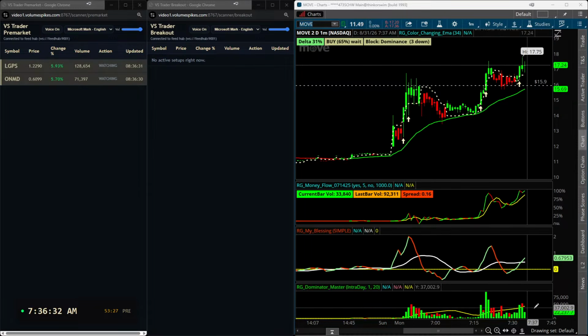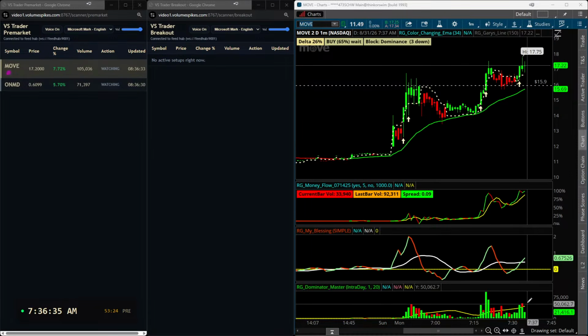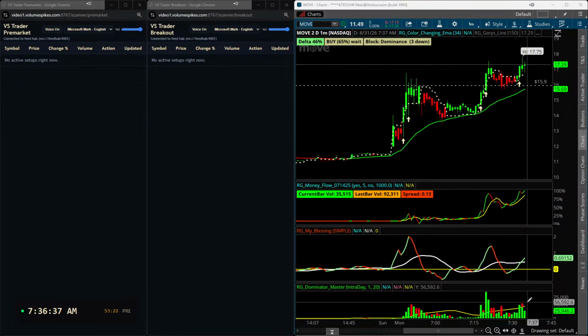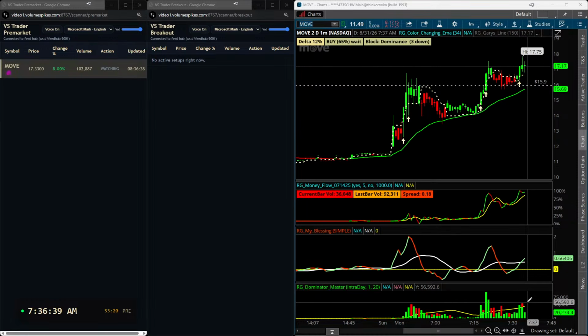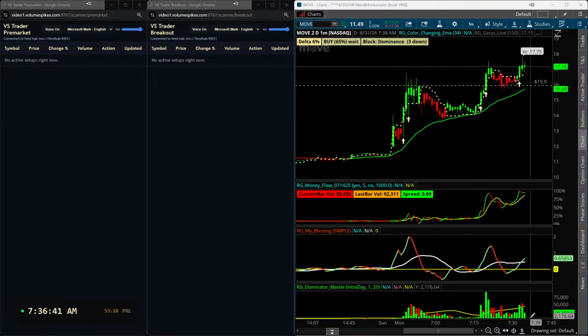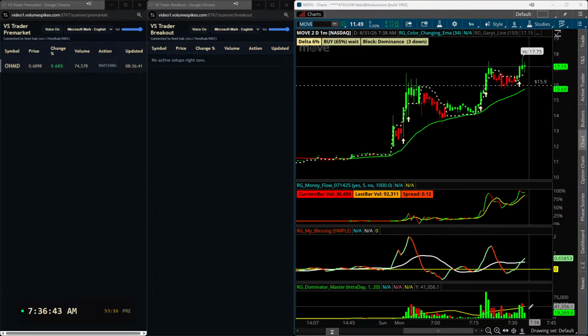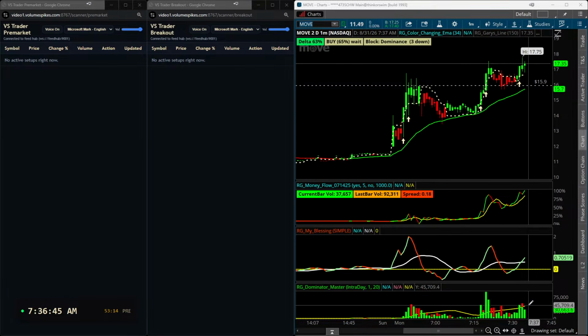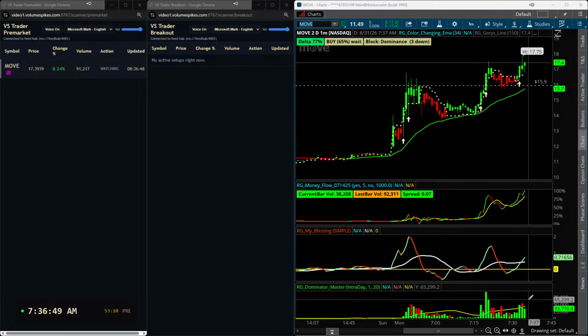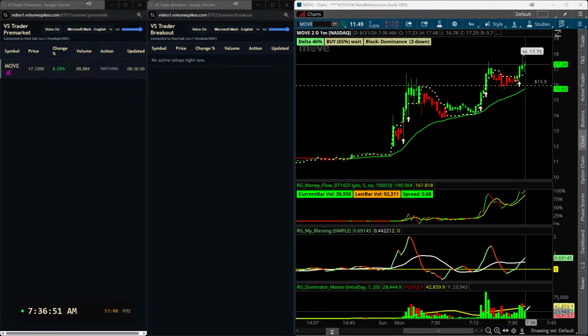Watching this lower indicator down here, we need this green bar to break above that yellow line. That tells me more buyers than average are coming in. Until then, I'm not interested because I need to know that everybody else is on board with the recent buying and that they are willing to push it also. Right now, below the yellow line, it's just below average buying.